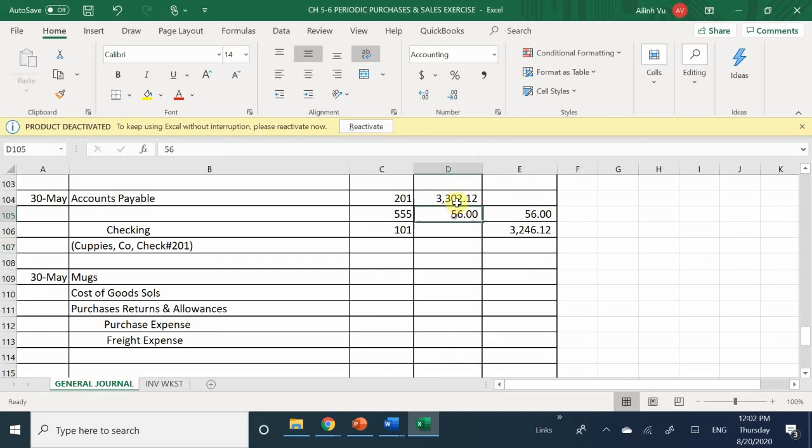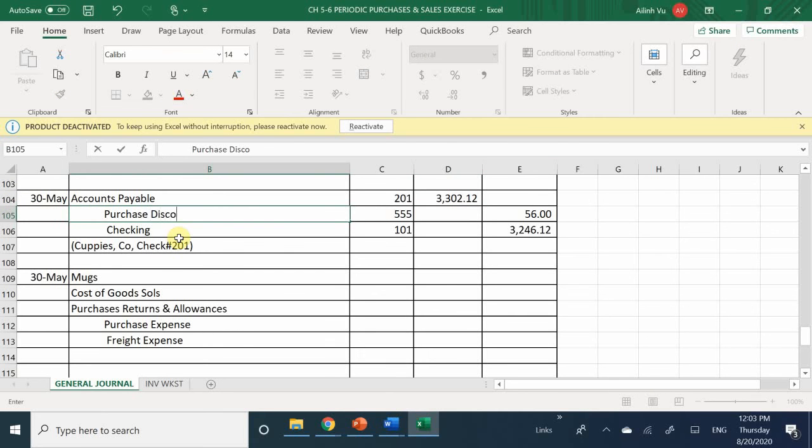We're supposed to owe more money, but because we took a purchase discount, we need to pay less money. Or I'm sorry, in this case, we didn't owe more money. We just ended up paying the same amount. But in this case, we're supposed to pay less than what we were supposed to owe. So then the purchase discounts would be a credit here.